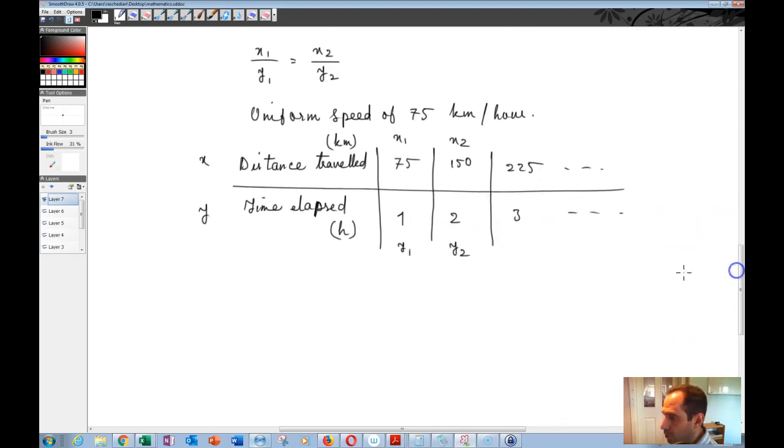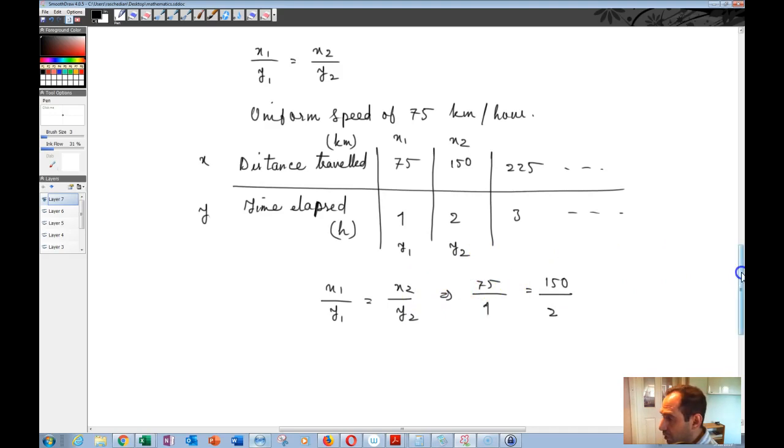And over here you can see that x1 to y1 is actually equal to x2 to y2, meaning that 75 to 1, the ratio is the same as 150 to 2. 150 to 2 is equal to 75, and 75 to 1 is equal to 75.